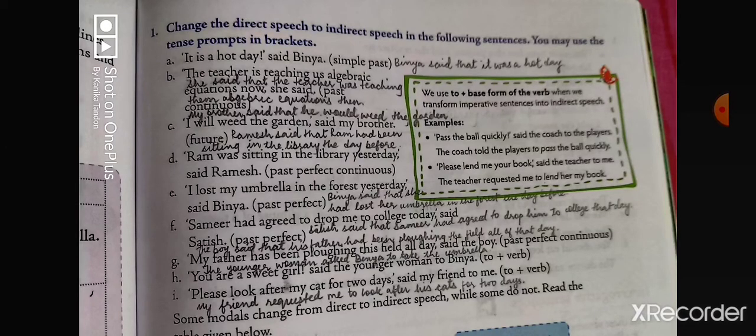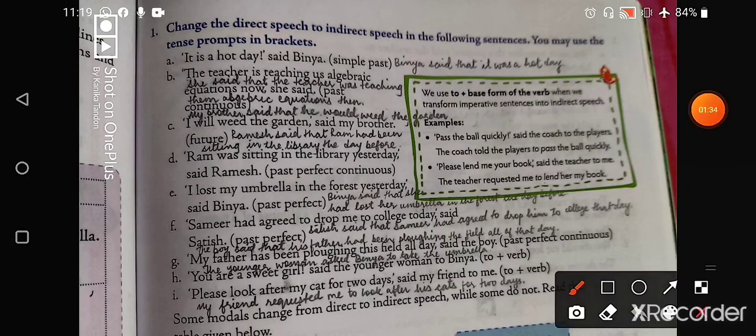I'm sorry, there has been a problem. This is actually wrong. I don't know what I have written. The younger woman asked... this is not asked, this is told.